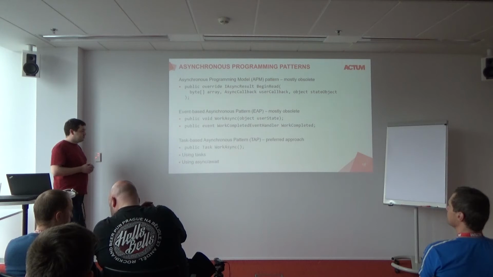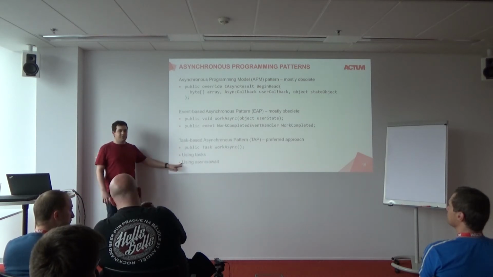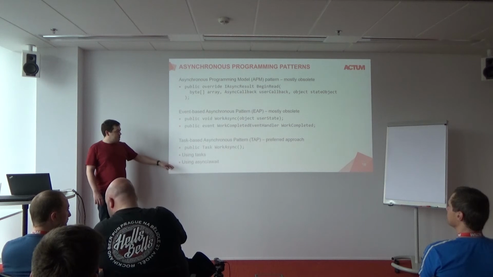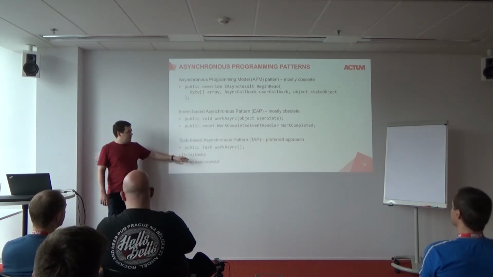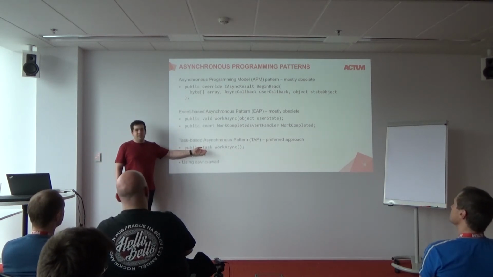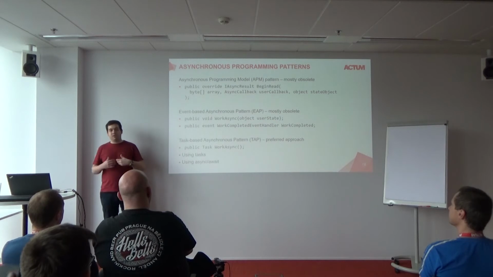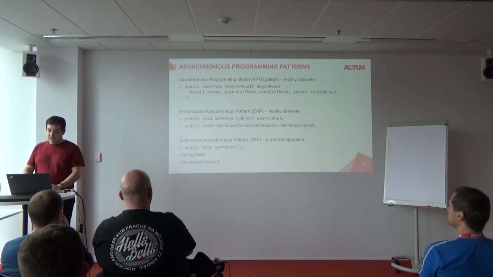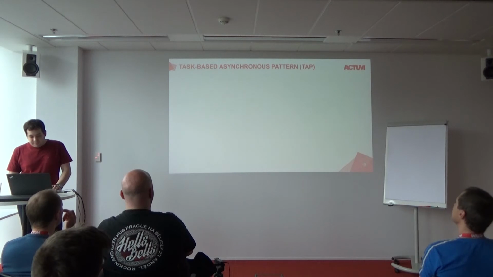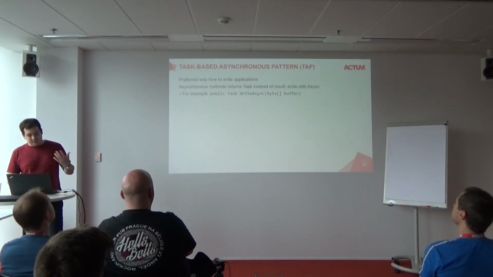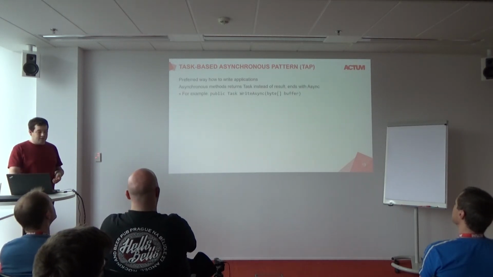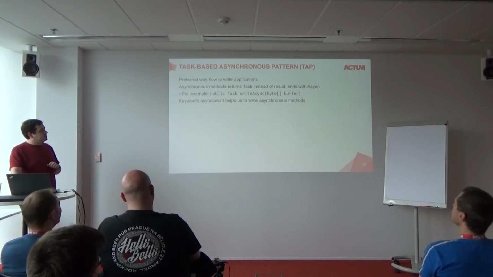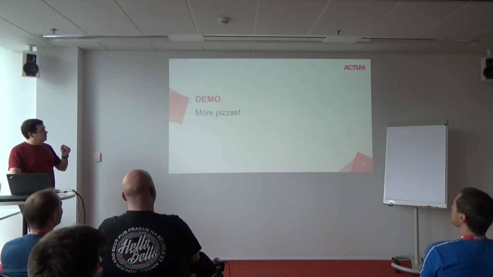Also, this is nicely integrated with the async await pattern, because async await is exactly the automation that helps you write these async methods more easily and use tasks inside your methods. Okay. The preferred way to write an application: always return the task. It has the Async suffix. And more pizzas.